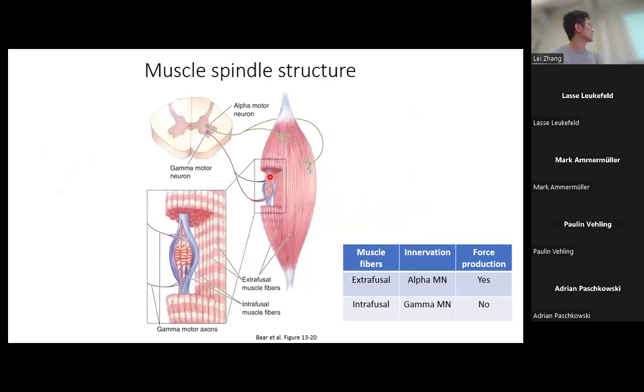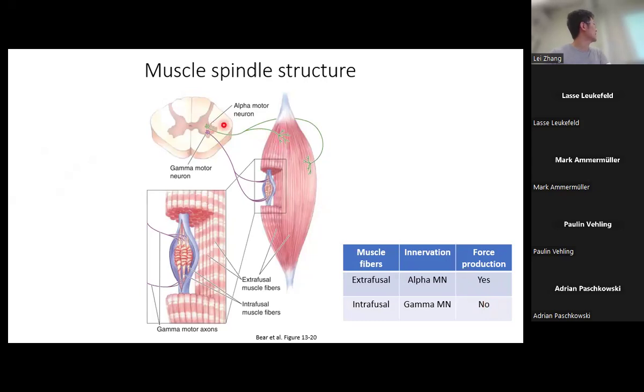The fibers in the muscle spindle are called intrafusal muscle fibers, and the muscle fibers that produce force are called extrafusal muscle fibers, as summarized here. Extrafusal muscle fibers produce force, while intrafusal muscle fibers don't produce force but only sense the length of the muscle.